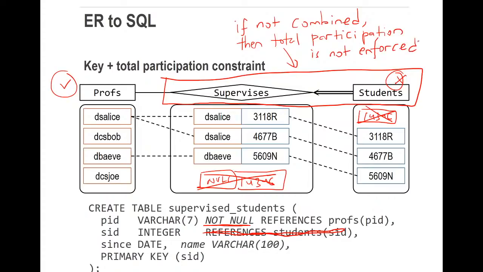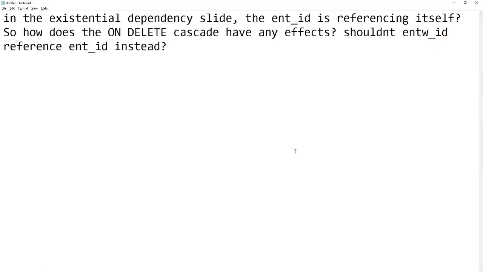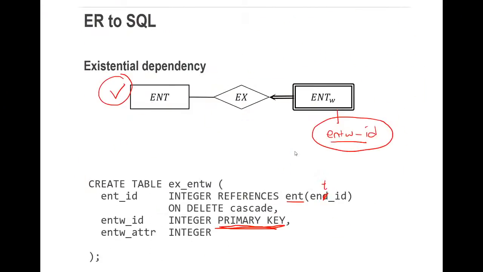Okay, so for key plus total participation constraint, you have to make it to be a combined table. Otherwise, the total participation constraint is not enforced. Existential dependency. Okay.